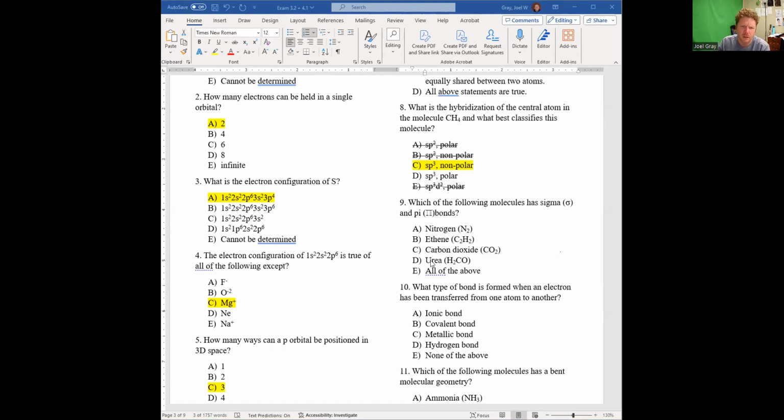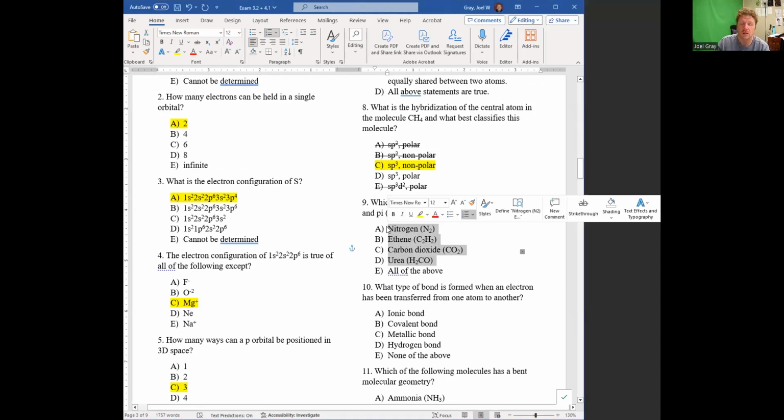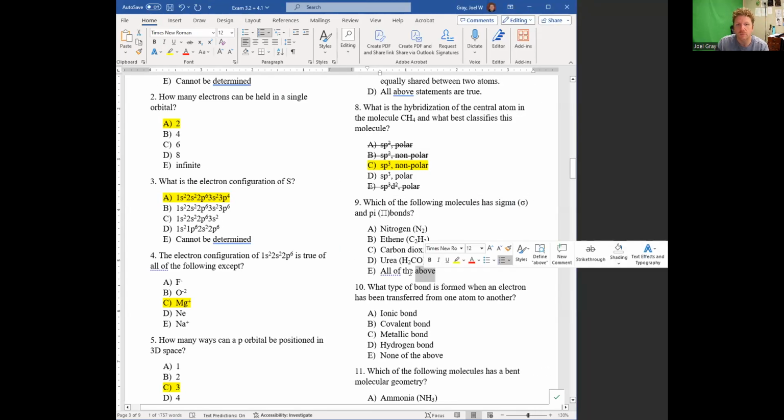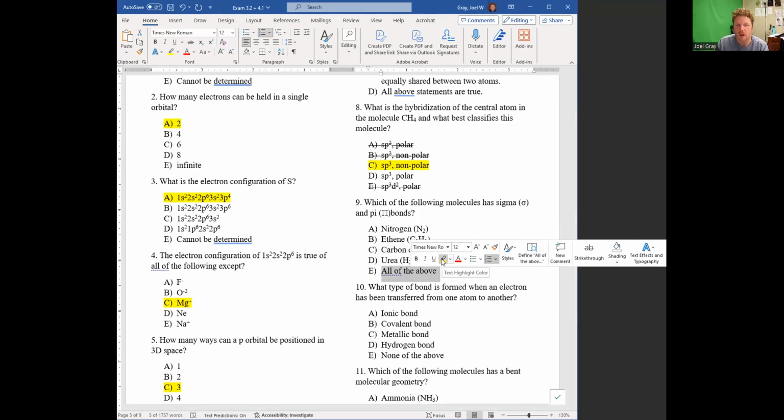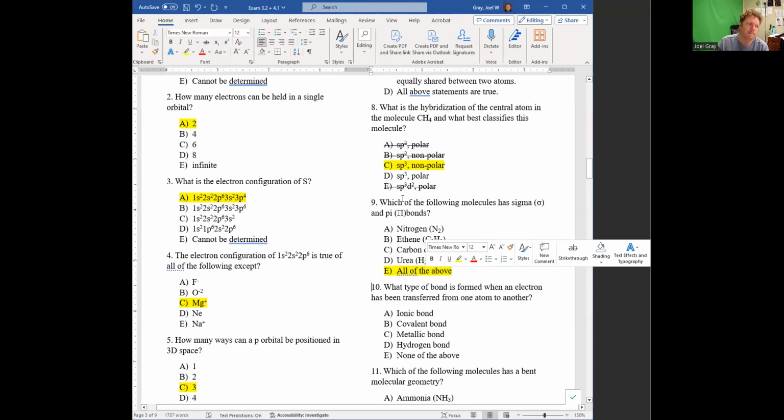And it just dawned on me that our molecule is not urea, but instead it's formaldehyde. But H2CO, you're going to have a double bond between that carbon and that oxygen. So all of these compounds actually have both pi and sigma bonds. So our best answer for that is answer option E, all of the above.